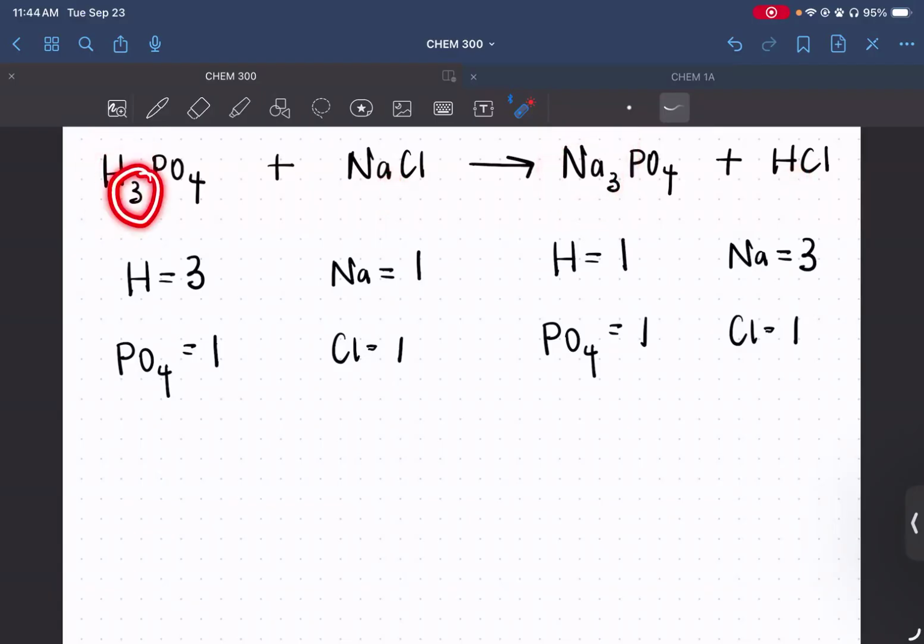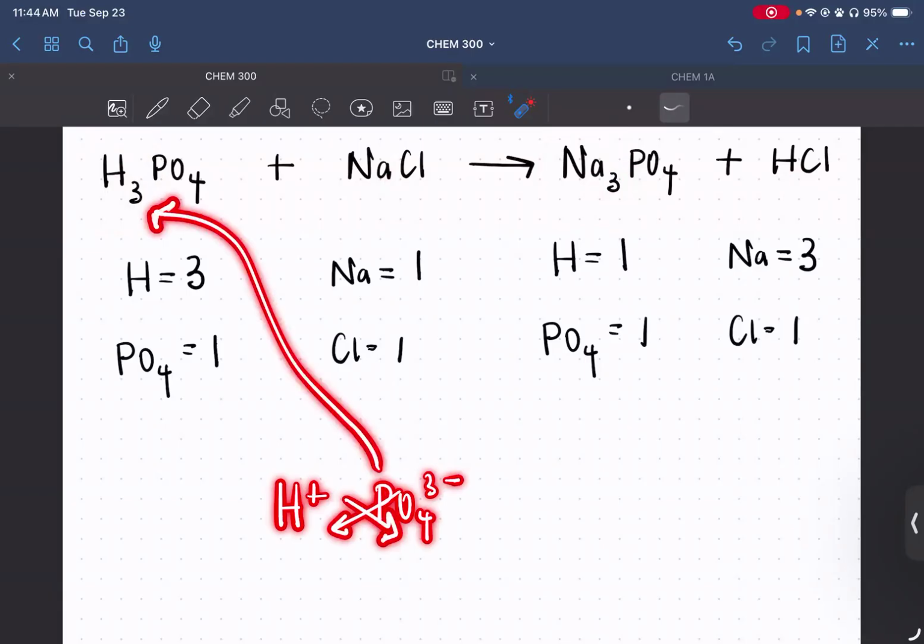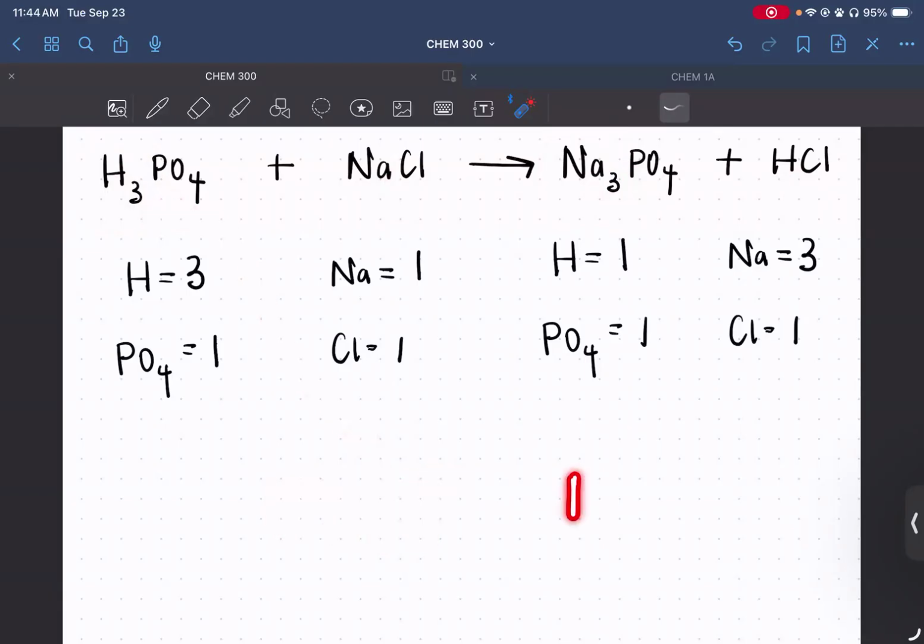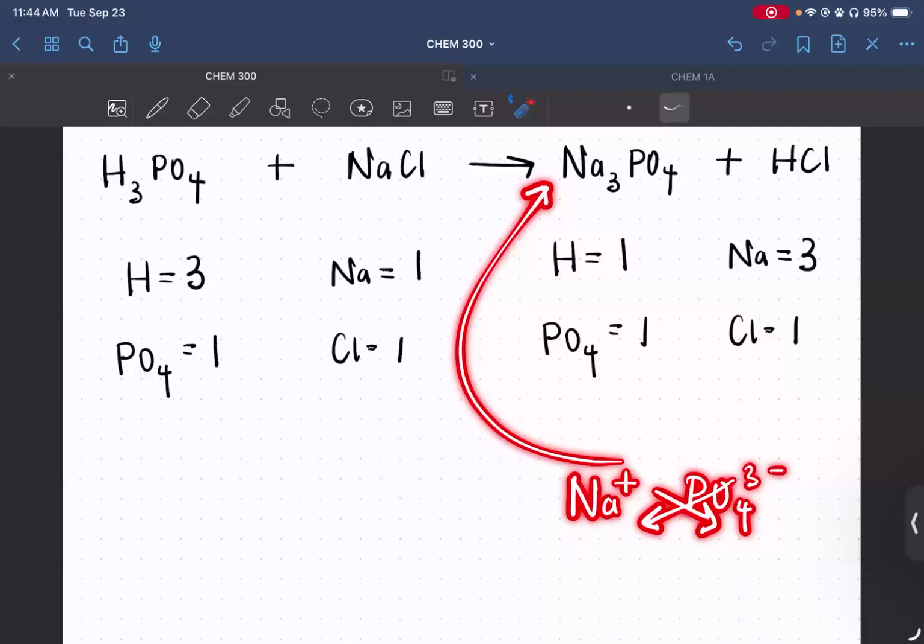Remember that these subscript numbers represent the crisscross. For example, with H plus and PO4, which is 3 minus, crisscross tells us there will be 3 hydrogens and 1 phosphate. Similarly, sodium plus and phosphate 3 minus, the same idea. The 3 gets carried down and there's only 1 phosphate.